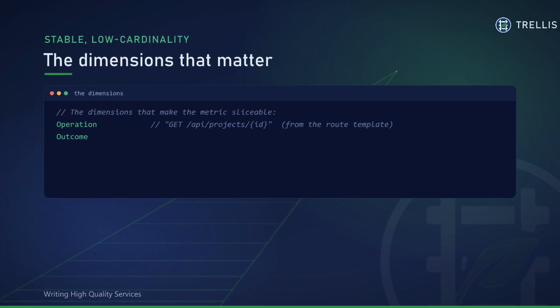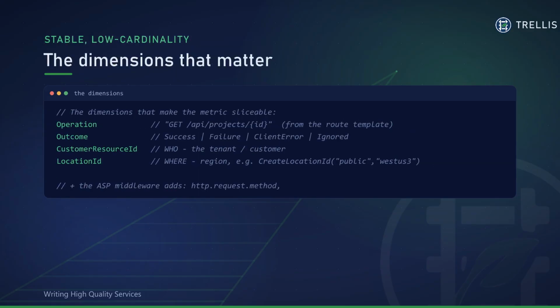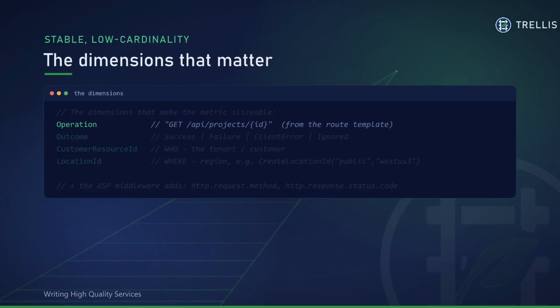So what are those dimensions? For that matter, operation, which endpoint this was, like get/project/ID, derived automatically from the route template, so you never hard-code it. Outcome, and this one's important, was it a success, a failure on your side, a client error that's their fault, or ignored?